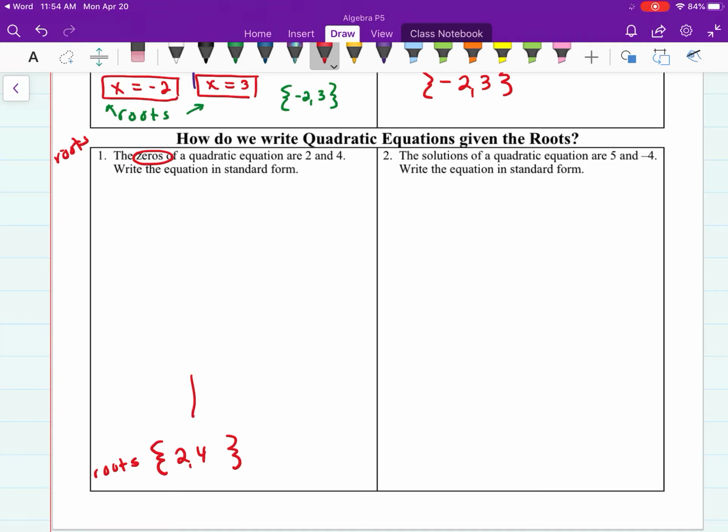So I'm going to make a T-chart here, and if I already know that one of the roots was x equals 2 and the other root was x equals 4, then what would have been in the parentheses? What would have been the factor? So what factor would have made x equals positive 2? We'll just think of the opposite. That would have been x minus 2, and for x equals positive 4, in the parentheses would have been x minus 4.